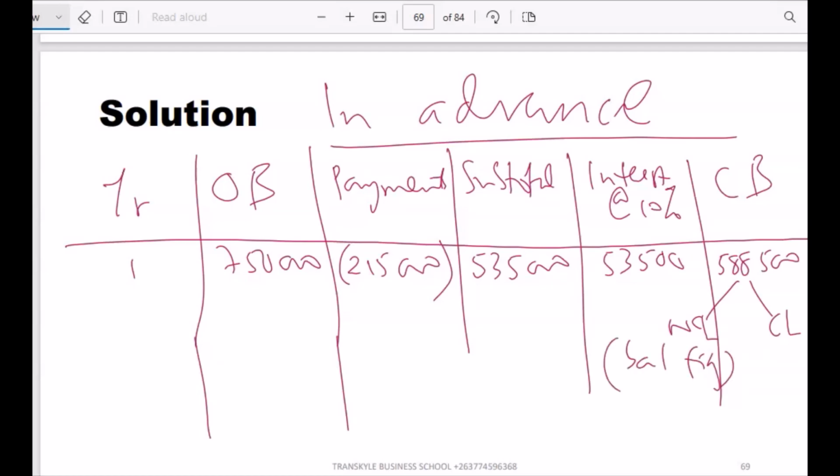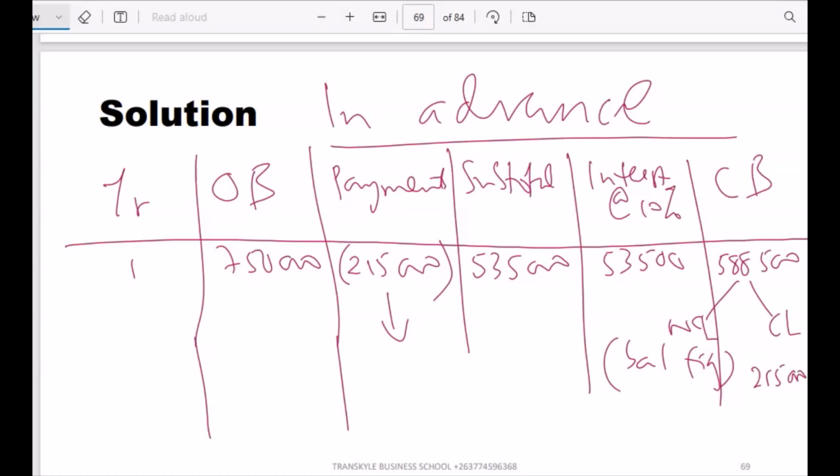So in an advance setup, the computation is very easy. Always the current liability would be the next future payment, and this one is not going to change usually. They are just the same throughout the lease period.